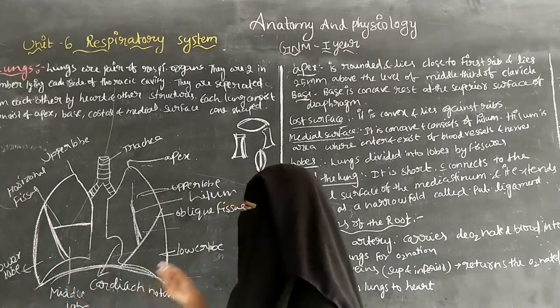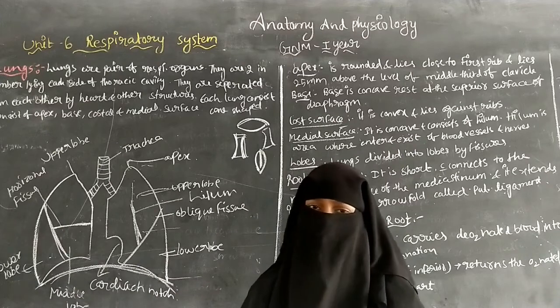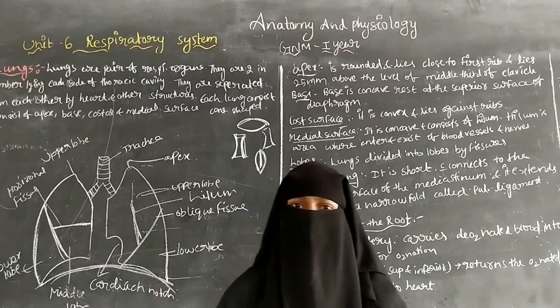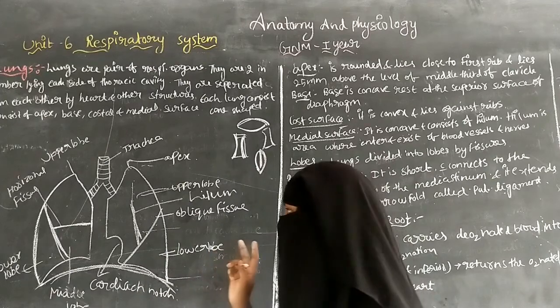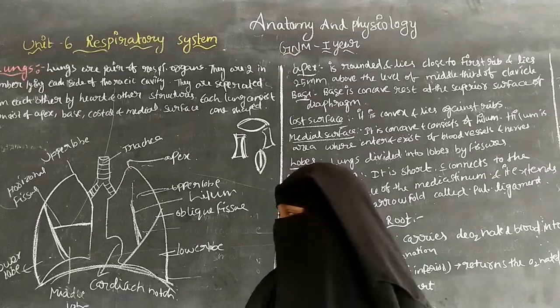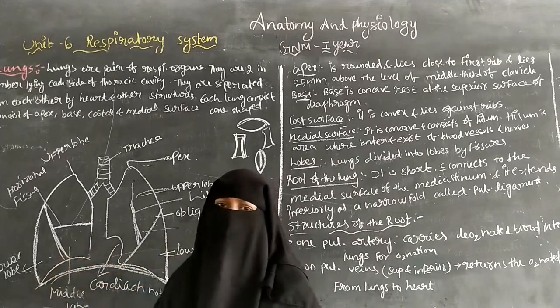So the right lung consists of 3 lobes, divided by these 2 fissures.